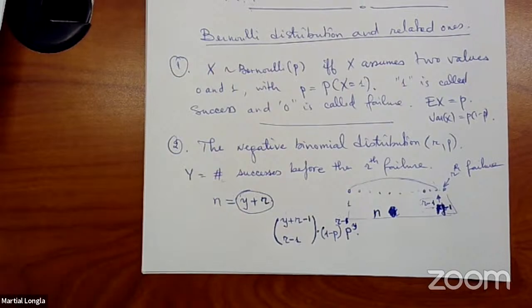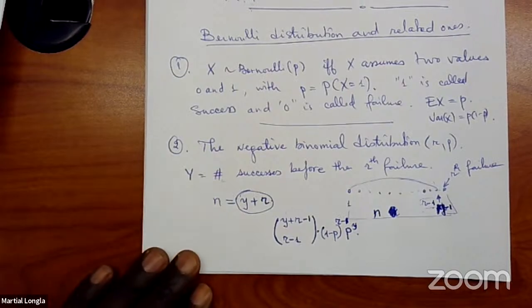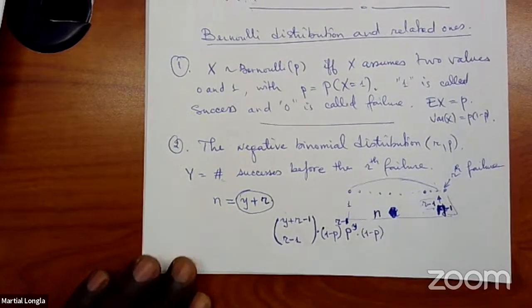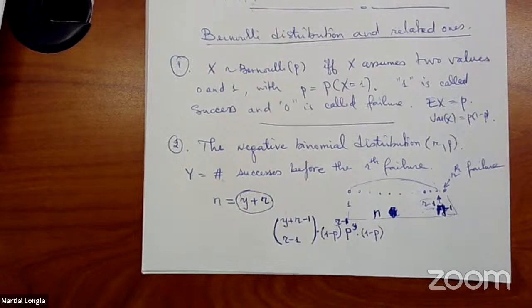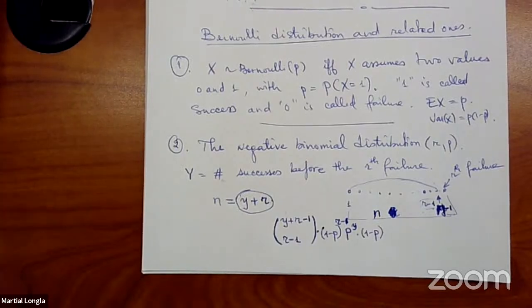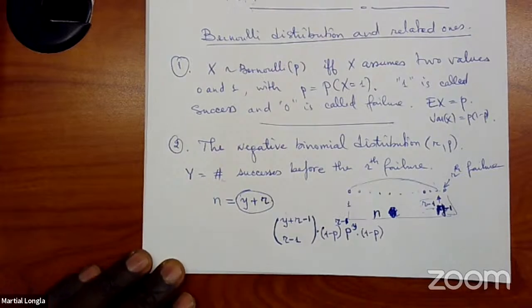Failure, which is another 1 minus P. You said P to the Y is our successes, yes, and 1 minus P is the last failure.